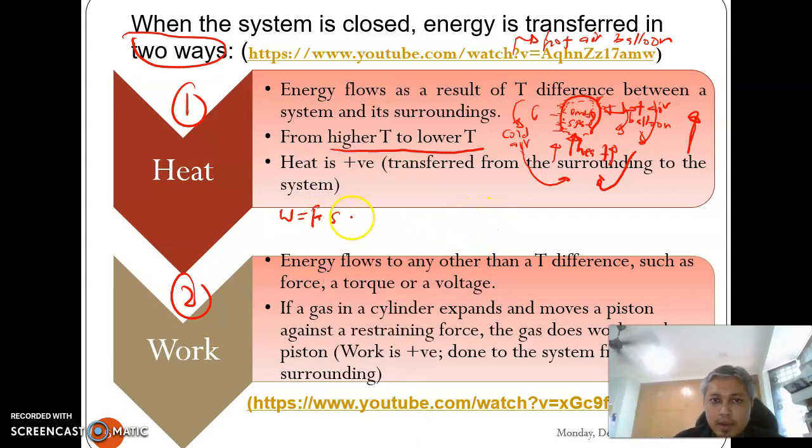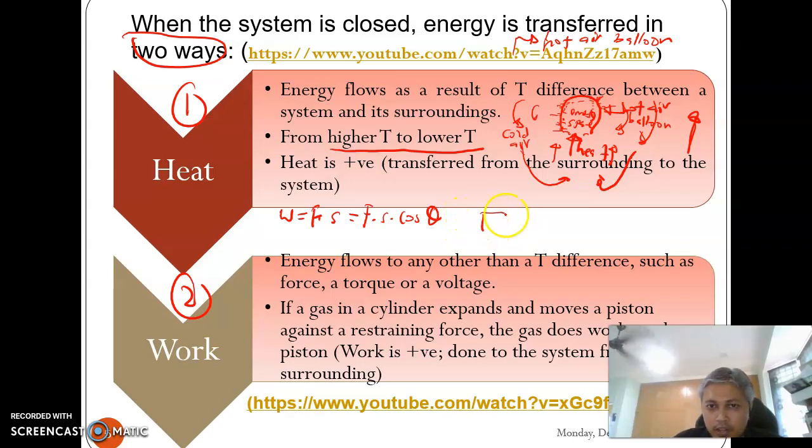But we bear in mind that the actual formula is force times displacement times cos theta, for anything that has an angle between the force and displacement acting together.